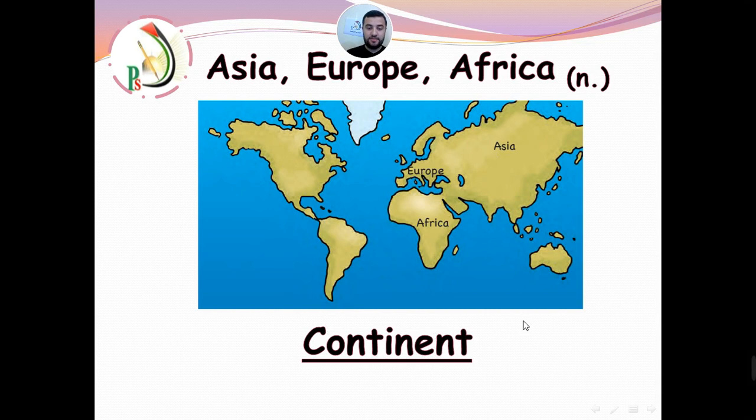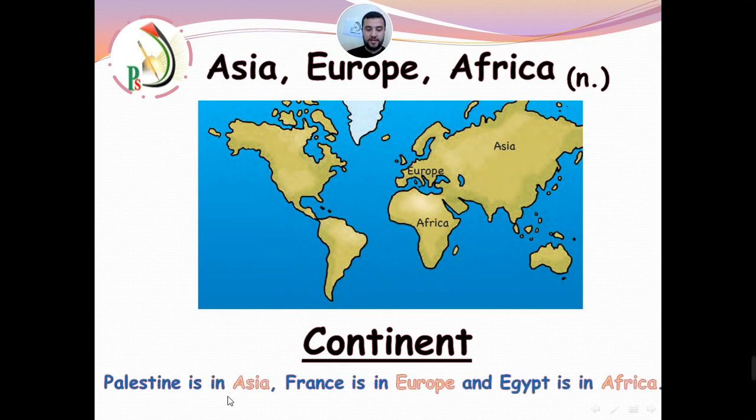Let's see this example to make it more clear. Palestine is in Asia, France is in Europe, and Egypt is in Africa. All these, we call them continents.